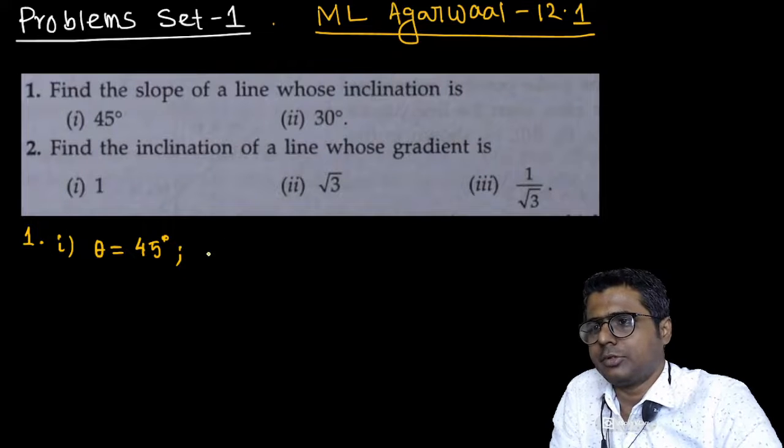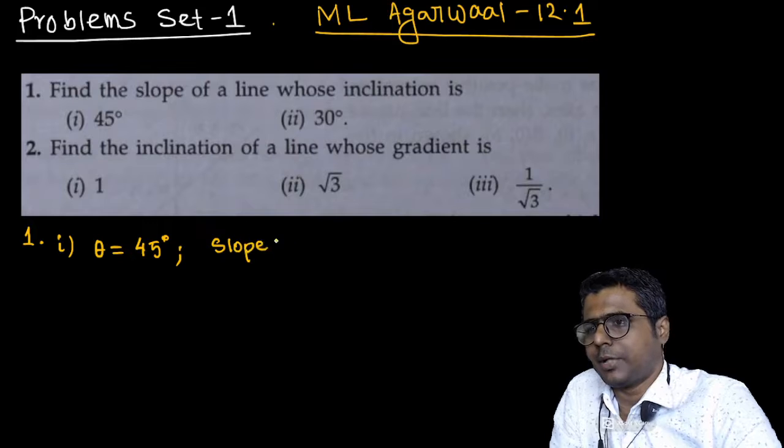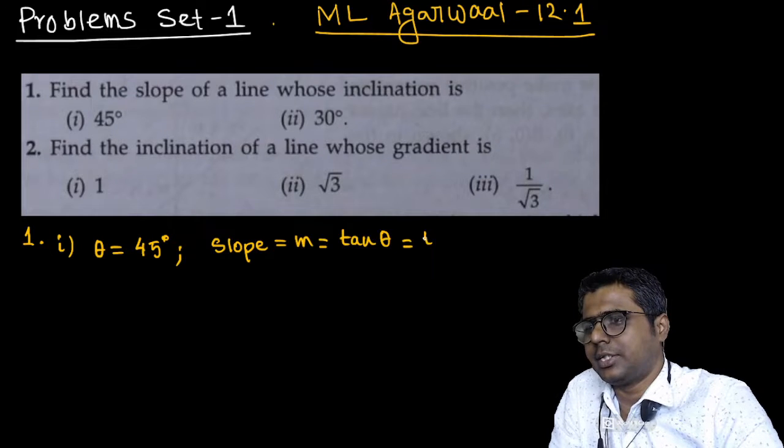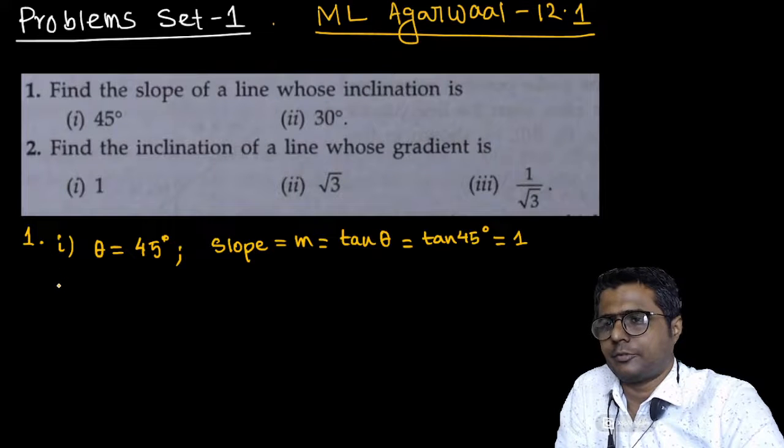The slope, which we basically denote by small m, is tangent of the inclination angle, that is tan theta. So here theta is 45 degree, so tan 45 degree is equal to 1.